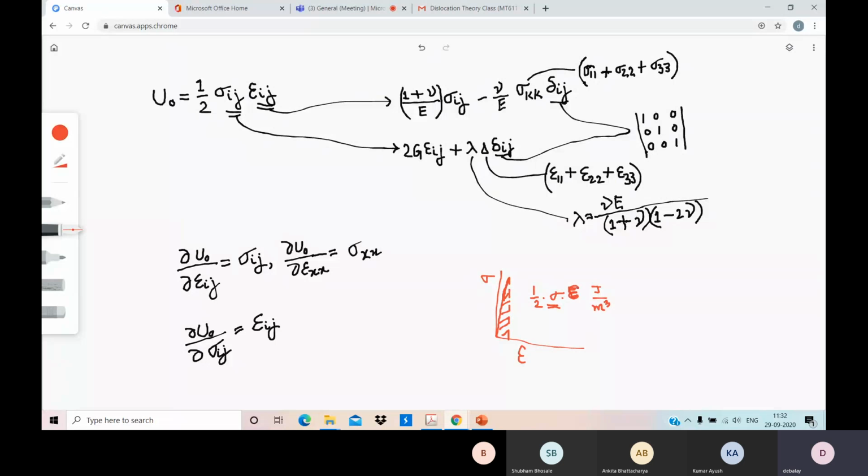Strain doesn't have any unit, so meter by meter. So it comes to Newton meter, half sigma epsilon. So you get Newton meter by meter cube, which is joule per meter cube, the area under the curve. So you can calculate from the stress strain curve half sigma into epsilon as my distortion energy or elastic strain energy.